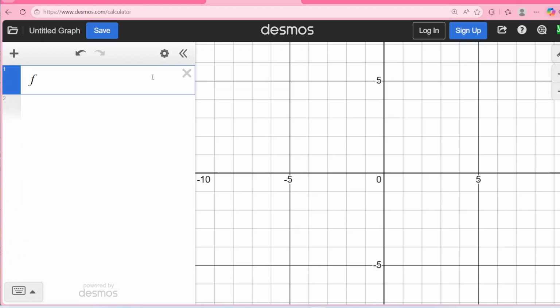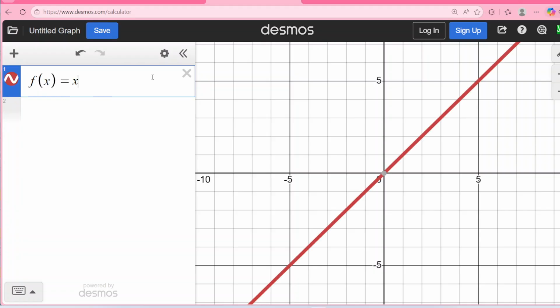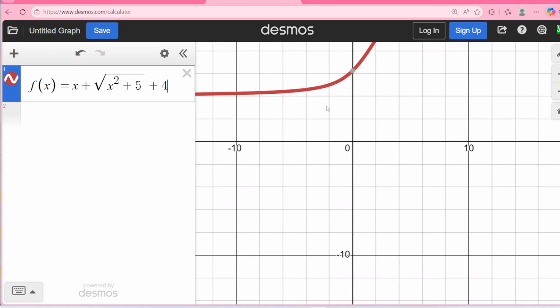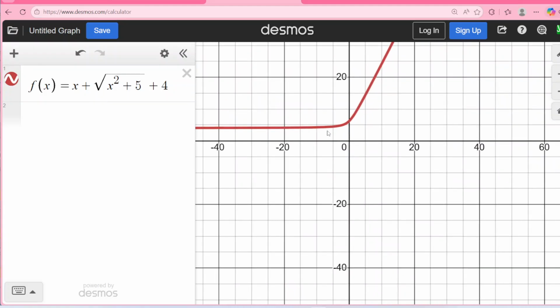So the function we're given is x plus the square root of x squared plus 5, and then plus 4 after. Now, if you look at this, I'll zoom out a bit here. It looks as though, as I move to the far left, the graph is definitely approaching something.